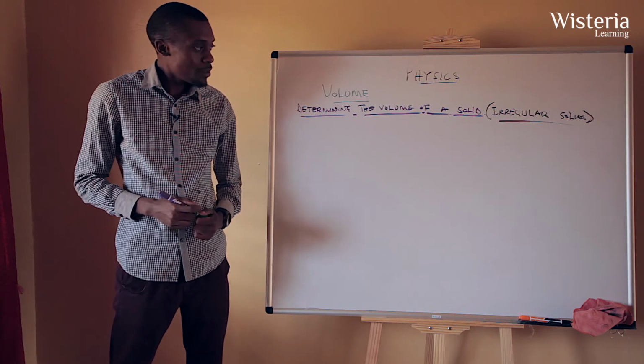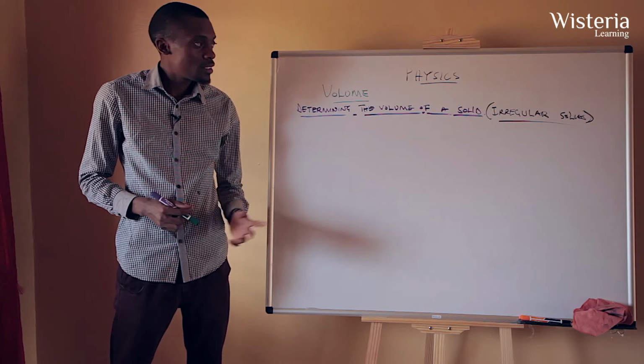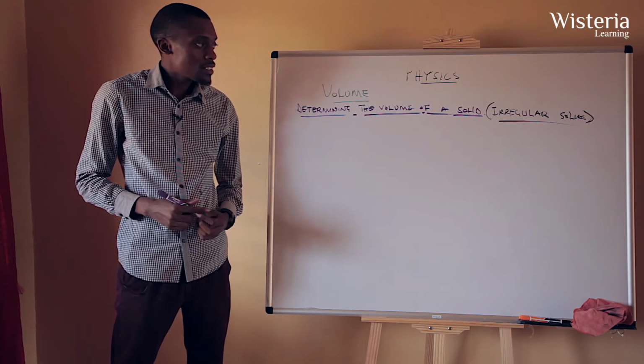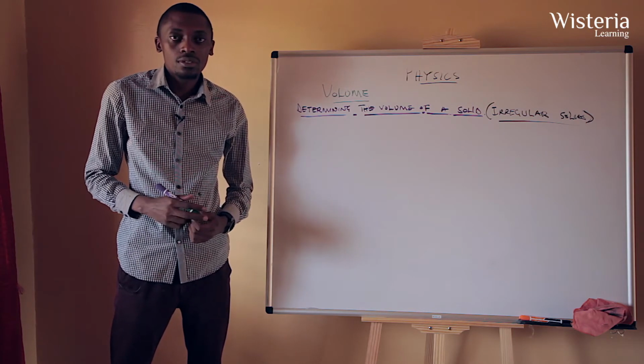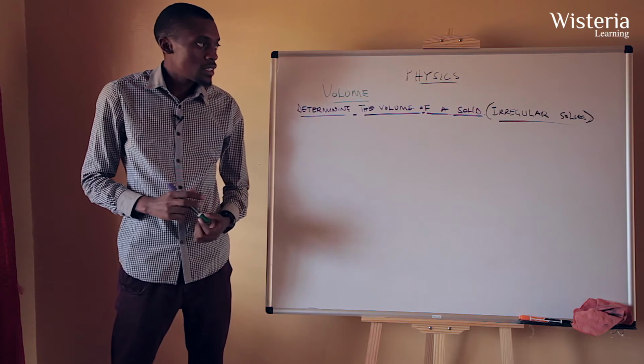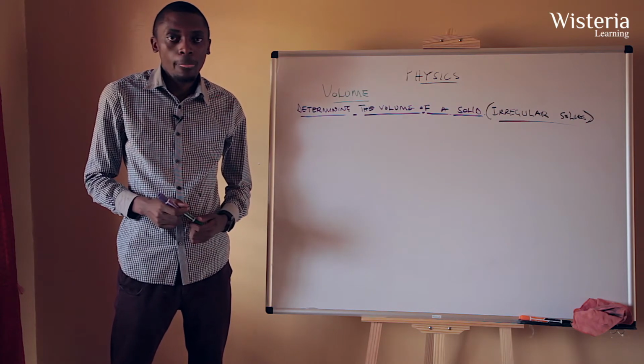Now we want to determine the volume of a solid, particularly an irregular solid. Like I said earlier, there are two methods: the displacement method using a measuring cylinder, and the other one using a Eureka can.